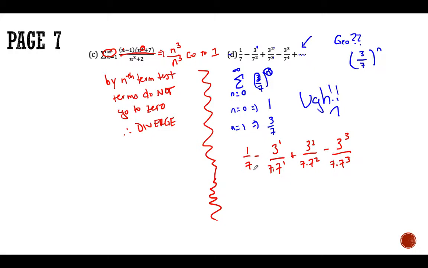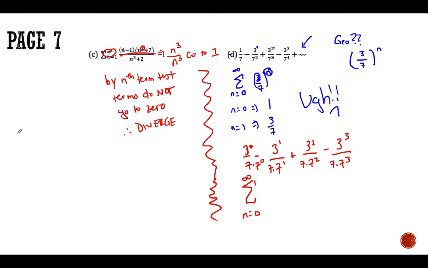Oh, wait a second. Couldn't I write this as... Couldn't I do that? Now, wait a second. How about I do this? Right?